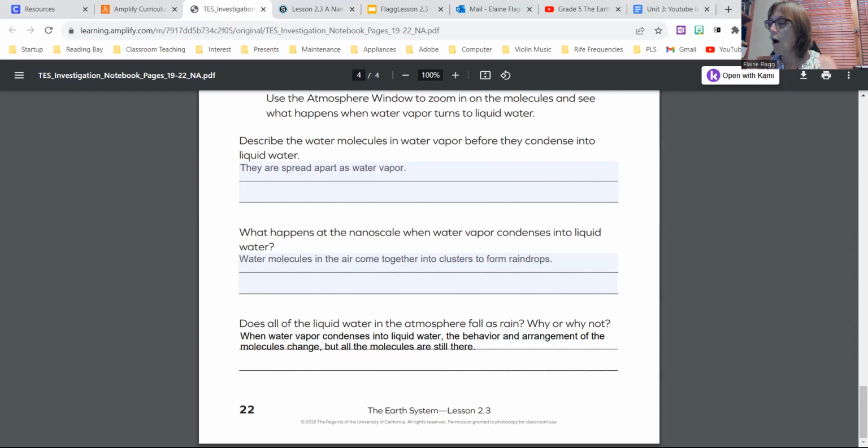So not all of the molecules turn and fall as rain. They're there as water vapor as well. Okay, I'll give you a minute to write that.